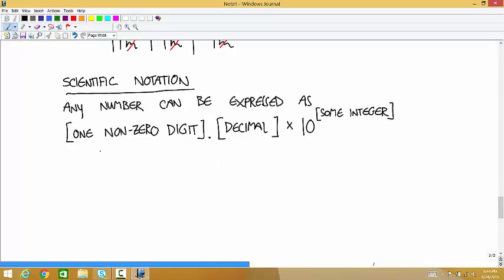For example, negative 3461.45 can be written as negative 3.46145 times 10 to the third.